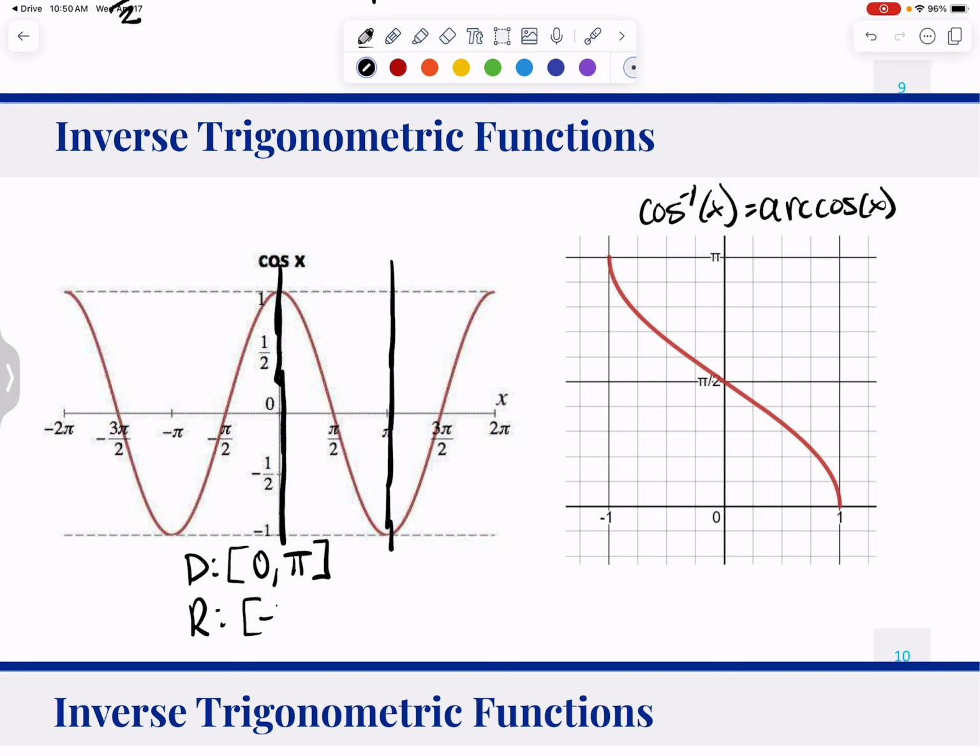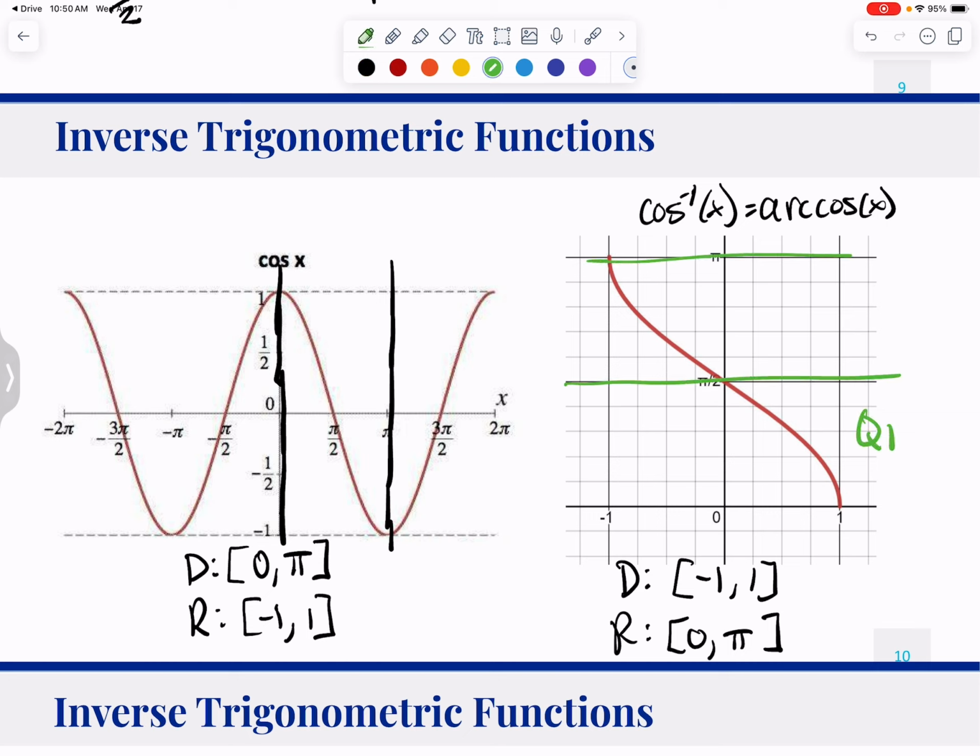The range is negative 1 to positive 1. So the domain of our inverse function is negative 1 to positive 1, and the range is 0 to pi. I'm only going to get angles out from quadrant 1 and quadrant 2. So if we put in a value of cosine into the arc cosine function, we're only going to get angles out in quadrant 1 and quadrant 2 according to the default range.